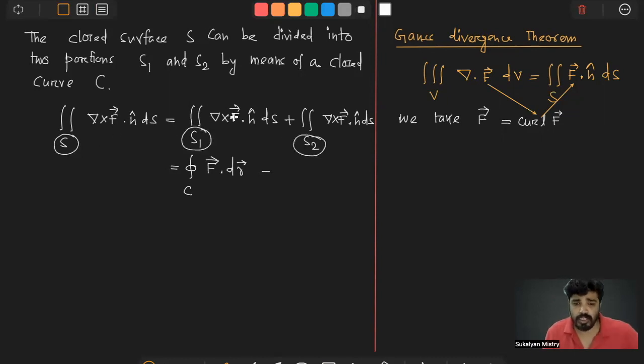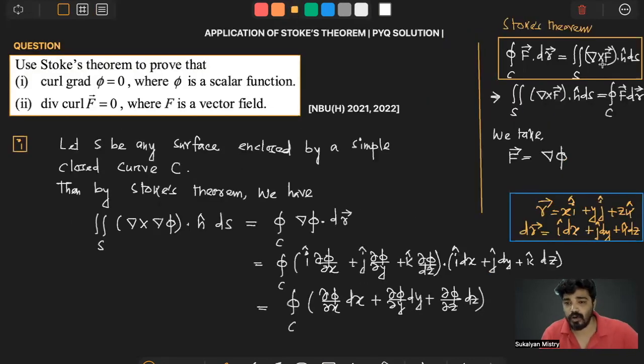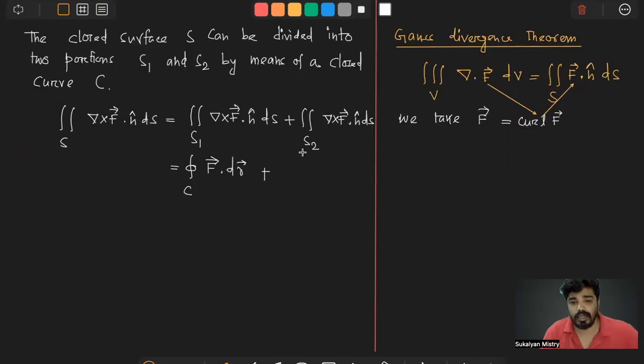The double integral over S1 of del cross F dot N dS, and the double integral over S2 of del cross F dot N dS, by Stokes theorem, is the integral over C of F dot dr.